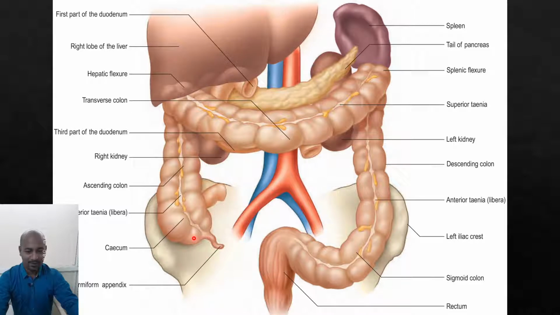Okay, so it is like an extension from the main structure, that is the colon. The appendix is attached to, or is an extension from, the initial part of the colon, that is the cecum. So this part is the cecum and the appendix is attached to the cecum.